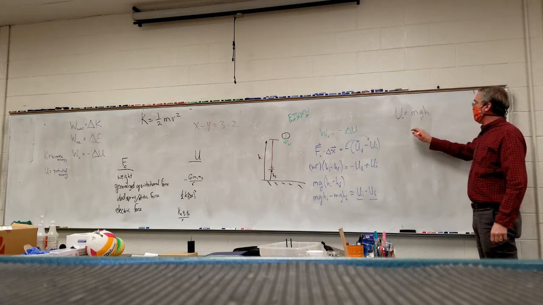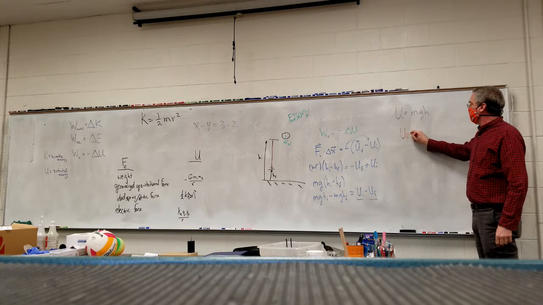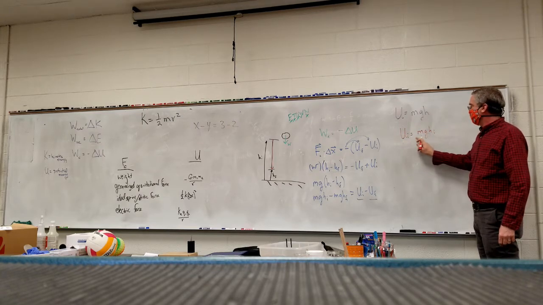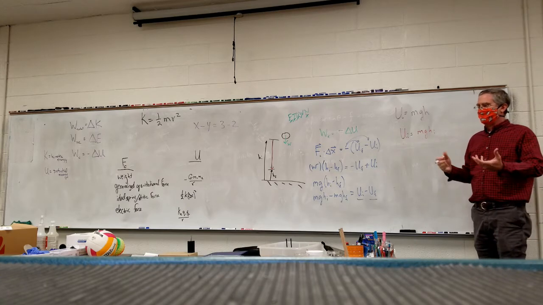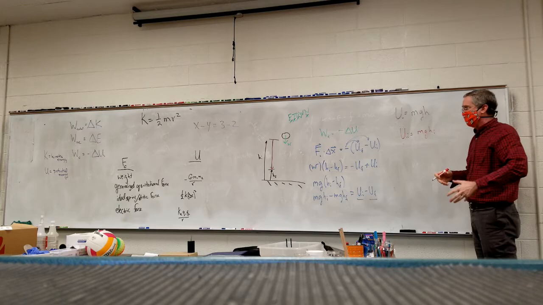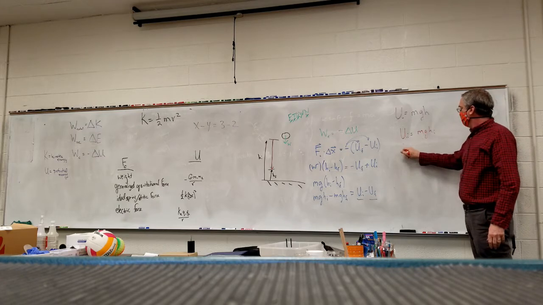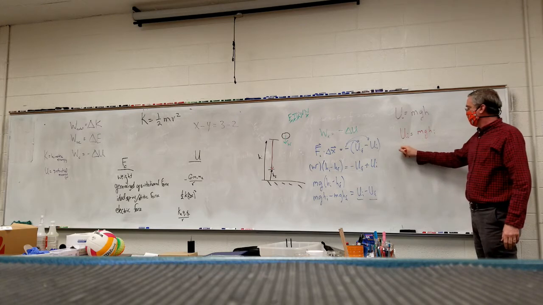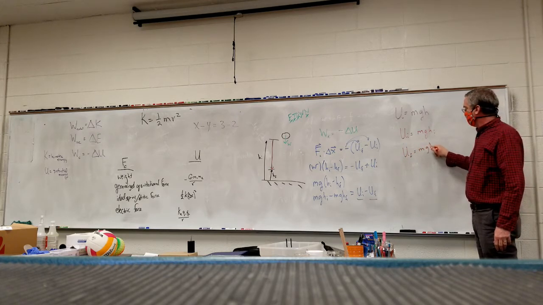So if U is mgh, then U initial would be mgh initial. Because the mass and the acceleration due to gravity are not changing, we're assuming this thing is not bursting into flames on the way down, and it's not falling a great enough distance for g to change significantly. So U final is mgh final.